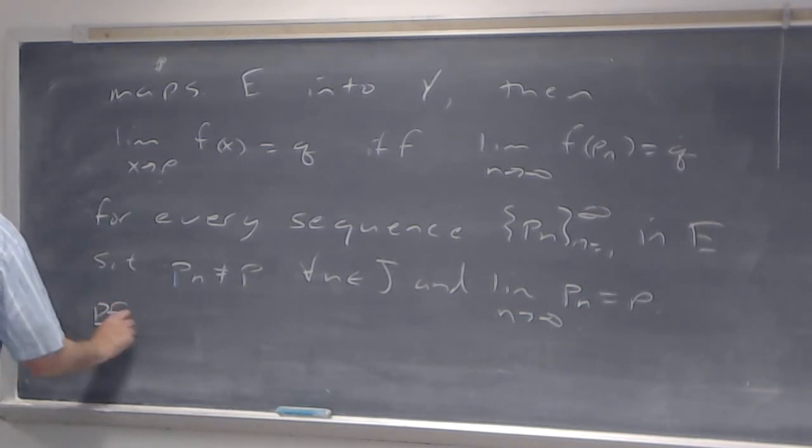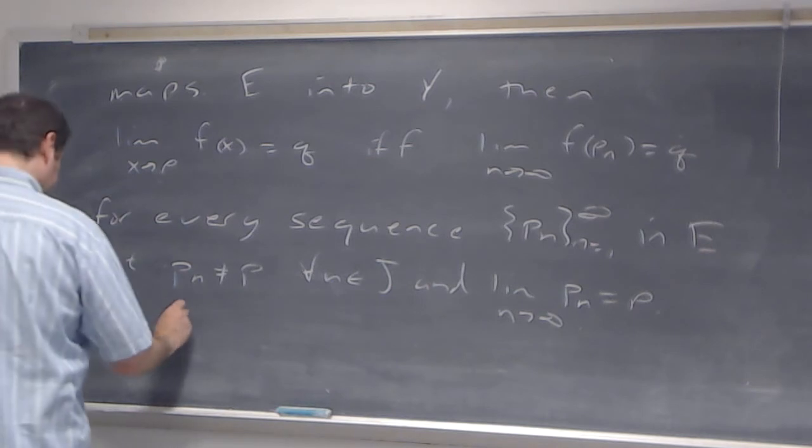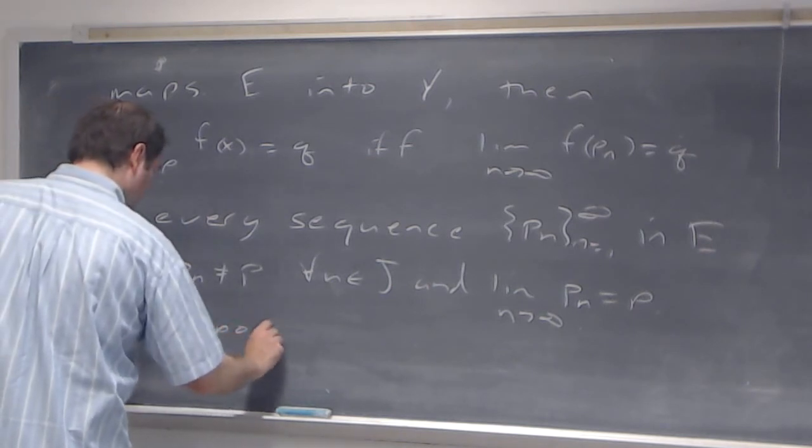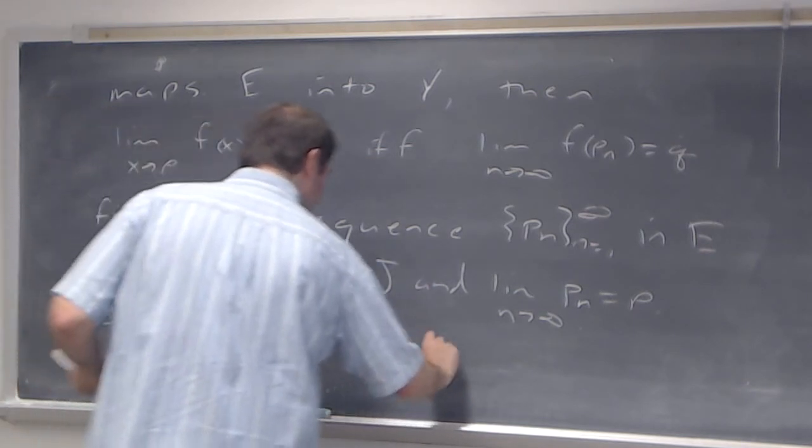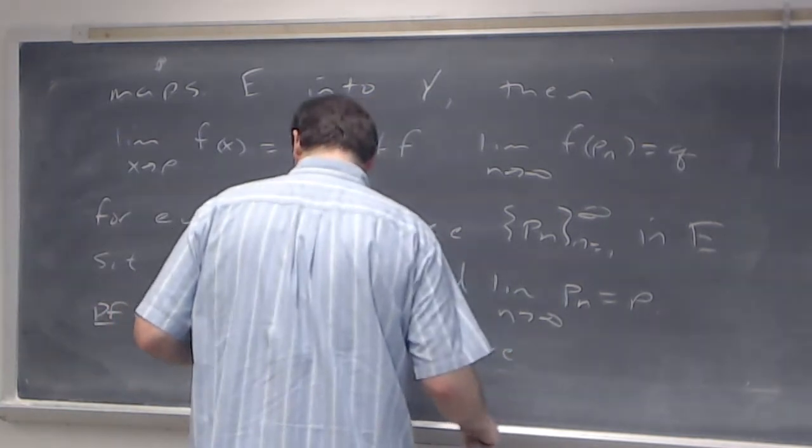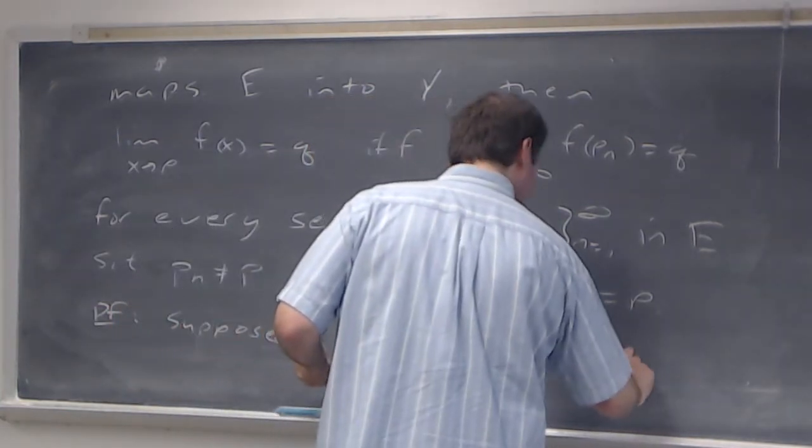Proof. So the general setup in both directions. Suppose X and Y are metric spaces.